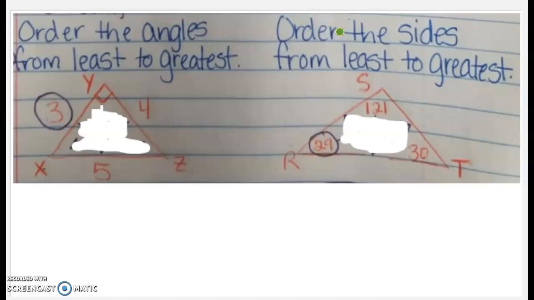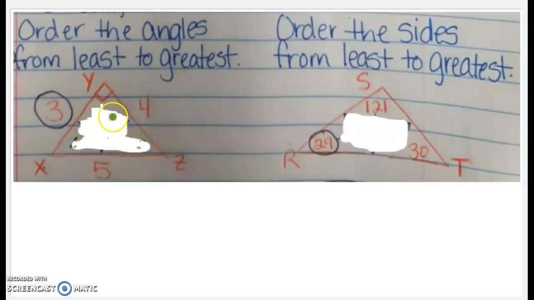Okay, then we're going to be able to order the sides and angles. So this one says order the angles from least to greatest. There's only one problem. I don't have any angle measures, except for that one. That's a right angle, so I know that one is 90. But the rest of them I don't know.